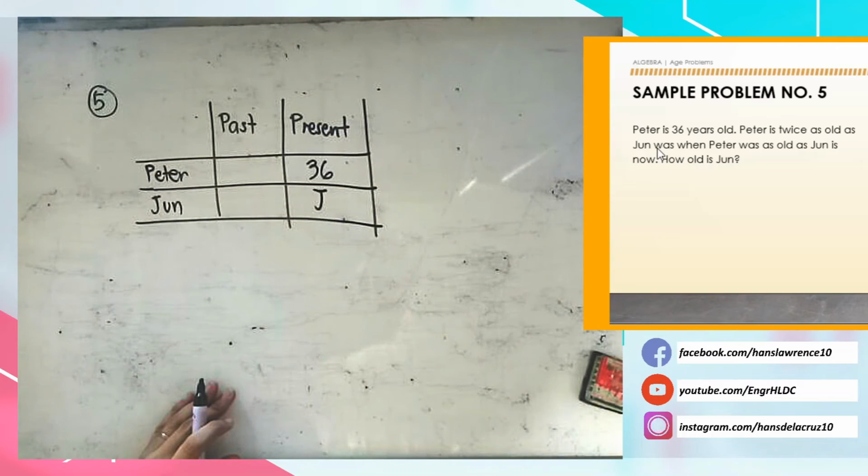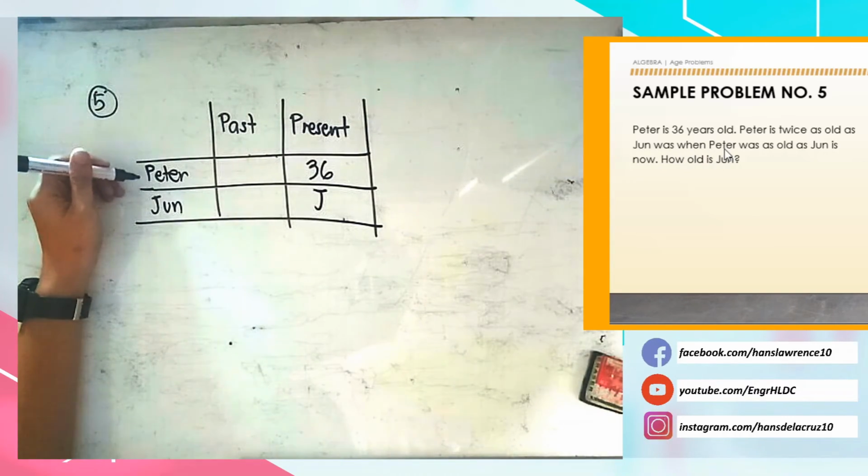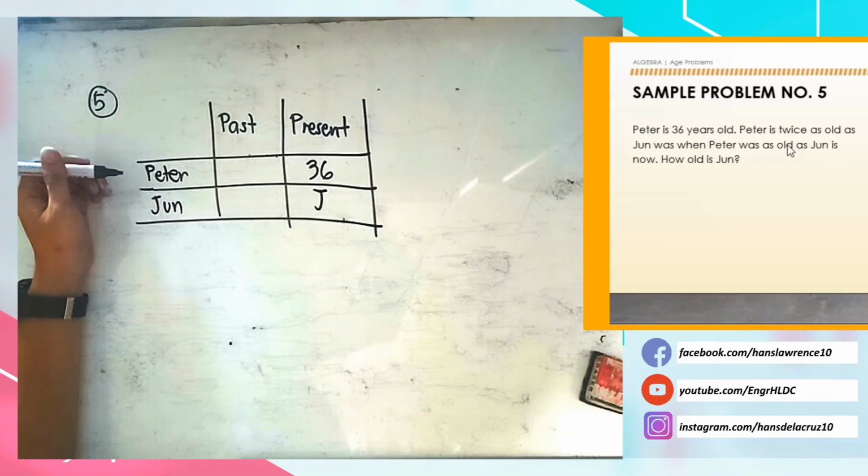Okay? So, kailan nangyari yun, class? So, punta na tayo sa second part ng second statement. So, that happened when Peter was as old as June is now. Ayun, nagets ba yan, class? So, nangyari daw to when Peter's age was as old as June's age now.